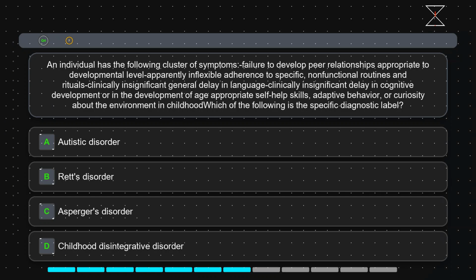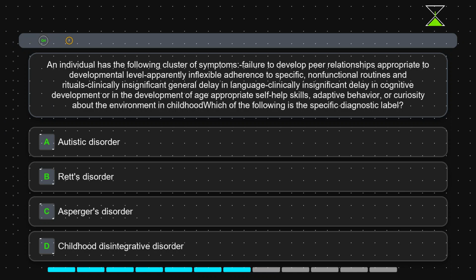Question 4. An individual has the following cluster of symptoms: failure to develop peer relationships appropriate to developmental level, apparently inflexible adherence to specific, non-functional routines and rituals, clinically insignificant general delay in language, clinically insignificant delay in cognitive development or in the development of age-appropriate self-help skills, adaptive behavior, or curiosity about the environment in childhood. Which of the following is the specific diagnostic label?